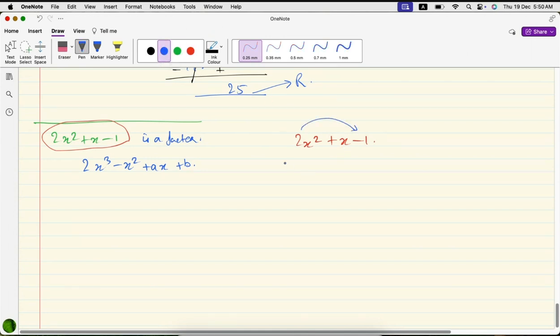Product is 2 and sum is 1. 2x square plus 2x minus x minus 1, 2 common, x plus 1, minus 1 common, x plus 1.